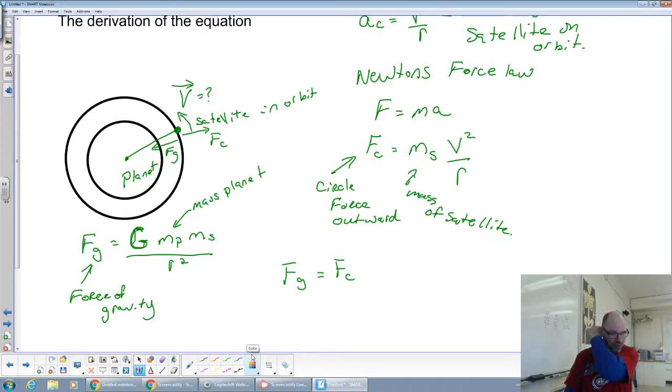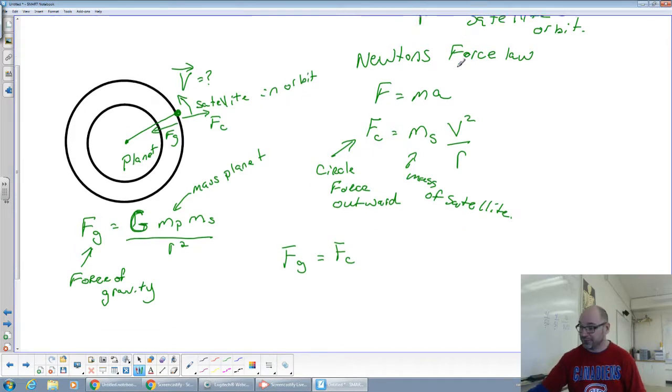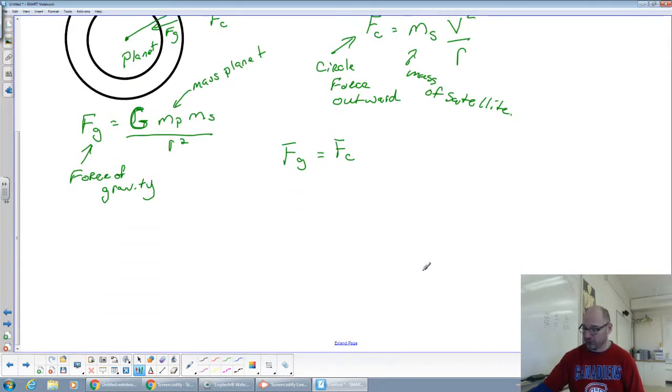So if we equate those two equations, we can solve for the velocity, so we know how fast that satellite has to go.